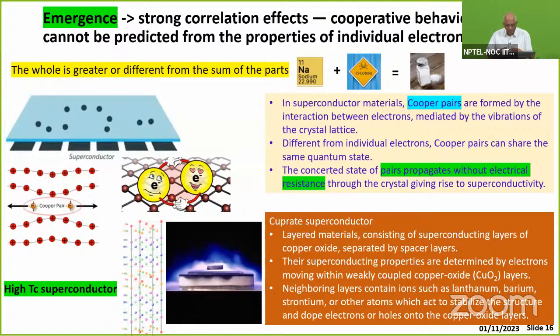The cuprous oxide is essentially where the superconducting Cooper pairs are formed, and they are separated by spacer layers, and the electrons move within the weakly coupled cuprous oxide layers.